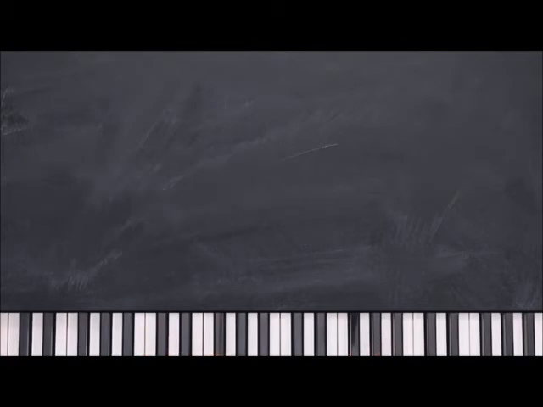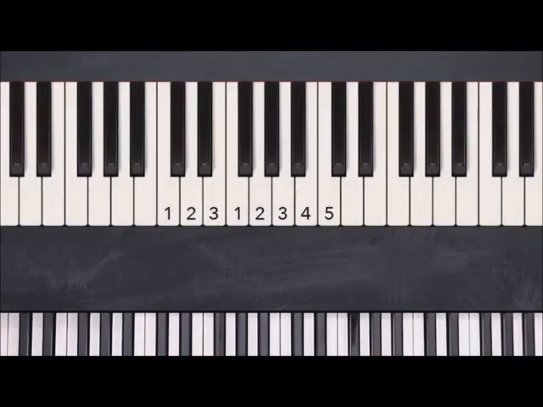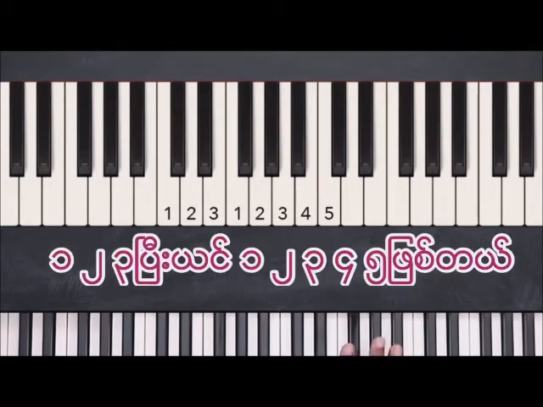For example, for the C major scale, you will see that the fingering for the right hand is 1, 2, 3, 1, 2, 3, 4, 5. So we're going to use that fingering. 1, 2, 3.